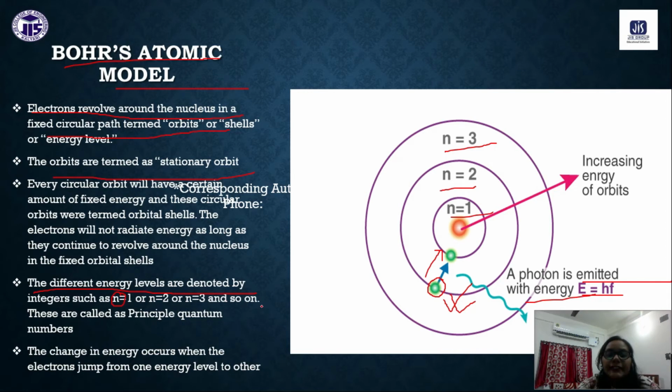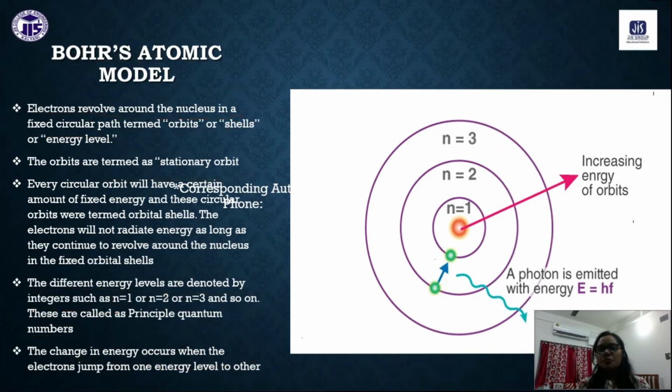The different energy levels are denoted by integers such as n equals 1, 2, 3 and so on. These are called principal quantum numbers. The change in energy occurs when the electrons jump from one energy level to another, as I told you.